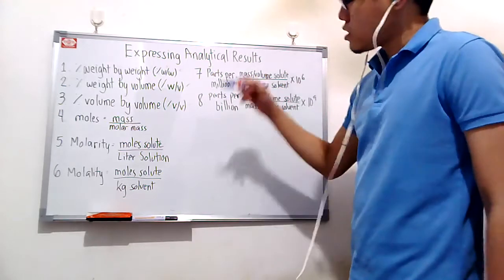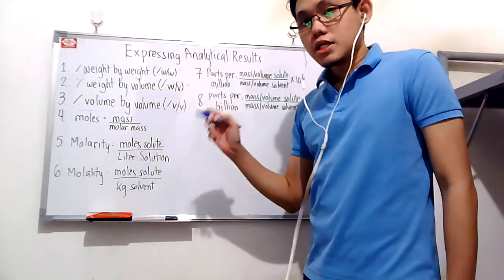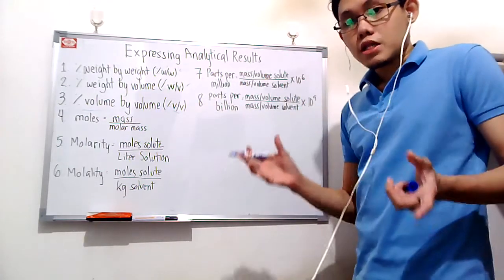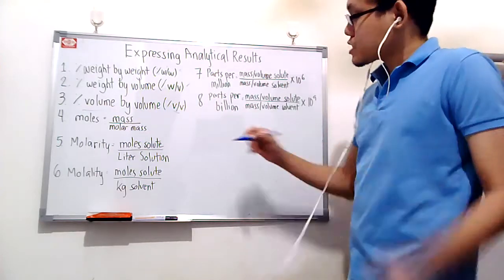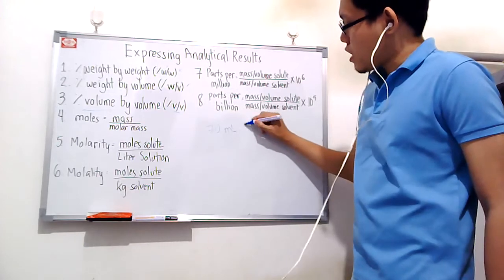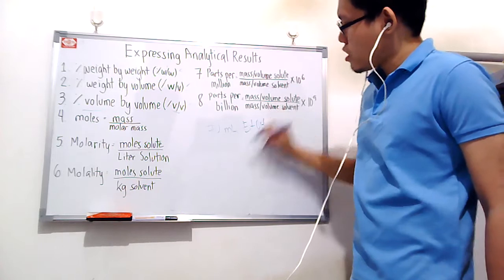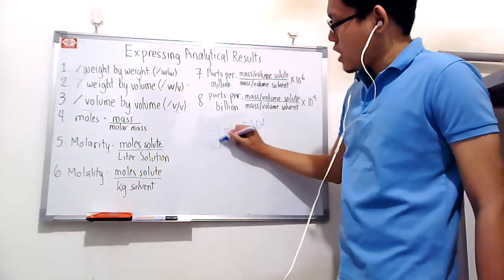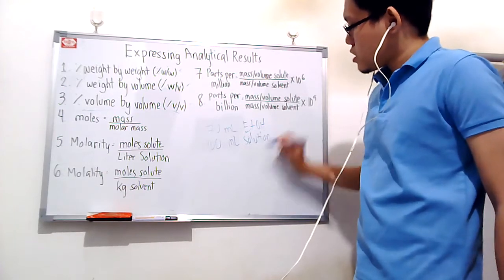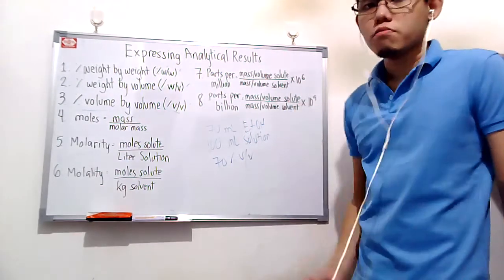For example, on the third one, volume by volume, the easiest example is alcohol. 70% alcohol is 70 ml of, for example, ethyl alcohol in 100 ml of solution. So that's 70% volume by volume.